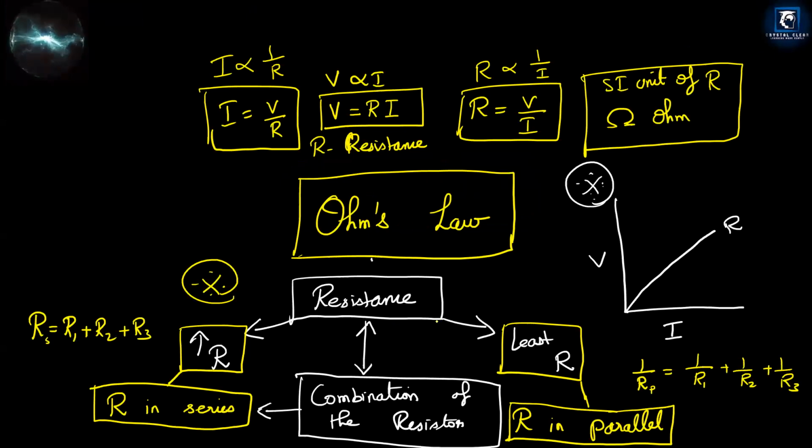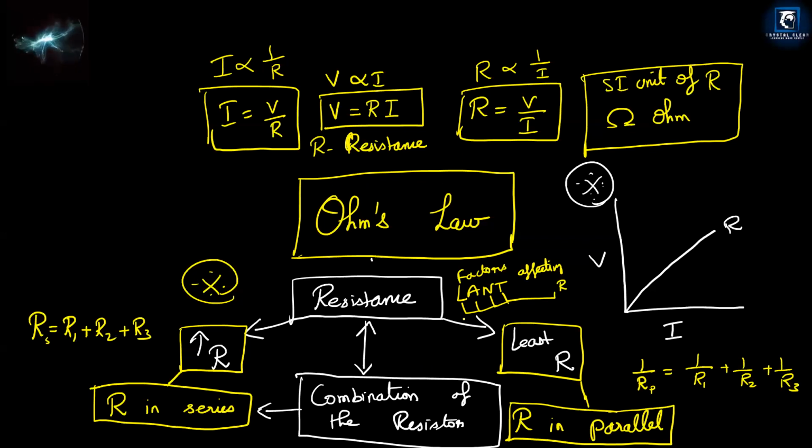This resistance is controlled by the factors, LANT. Factors affecting resistance are nothing but LANT: length, area, nature of the material, and temperature. Even this, let me discuss in the next topic along with resistivity.